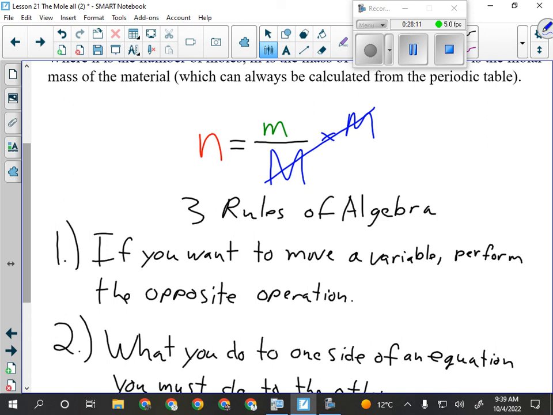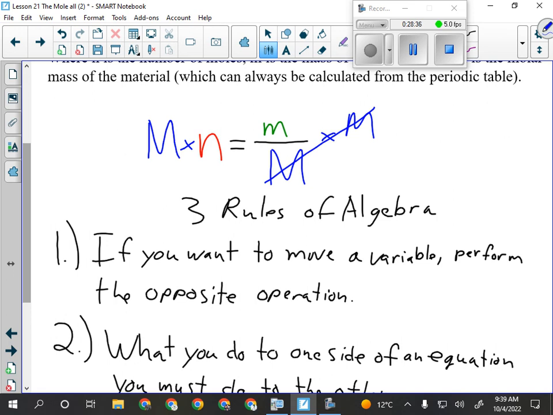What I do to one side, I must do to the other. That way I didn't magically destroy M, it went somewhere. Okay, now it's on the other side. Am I solving for little m? Okay, and all I had to do was follow 2 rules of algebra. Okay, if I want to move something, I do the opposite. Okay, what I do to one side, I do to the other.